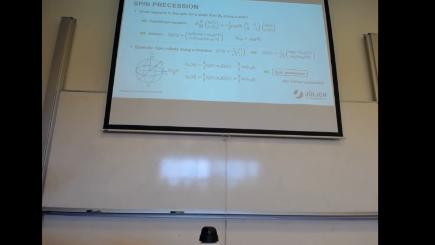I can do it, so it can't be too difficult. So the solution takes this form. And if we now look at a spin, for example, a spin that we initialize into this state along the x-axis, it starts precessing. Okay?